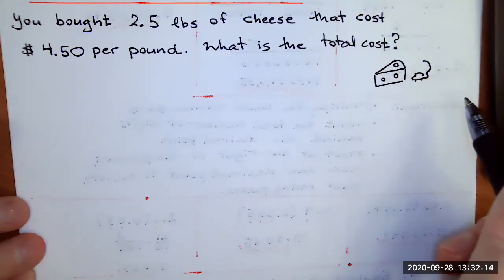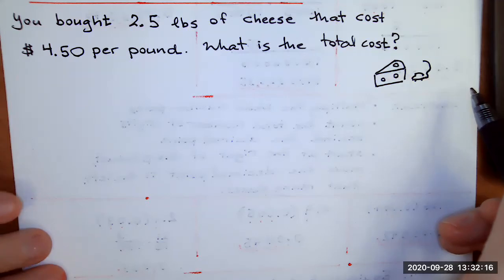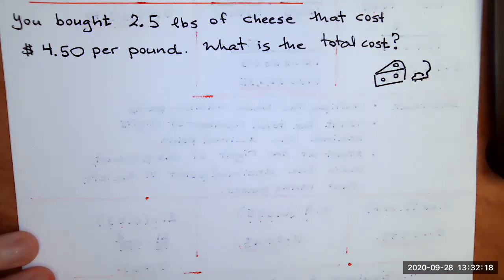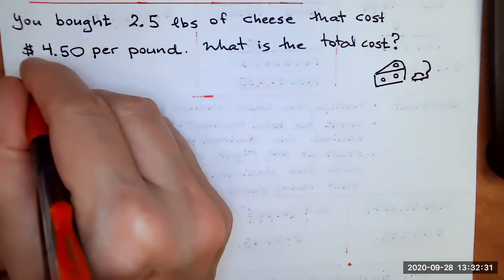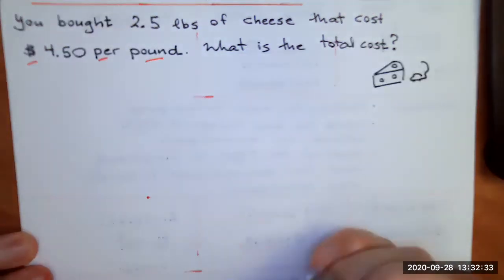All right, now you know how to do all kinds of fun word problems. For example, if you bought 2.5 pounds of cheese that cost $4.50 per pound, what is the total cost? So you recognize that this is a rate problem because we have dollars per pound.